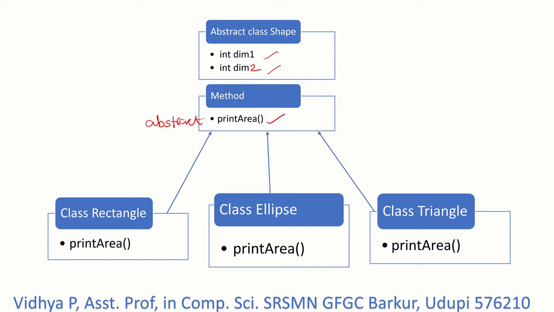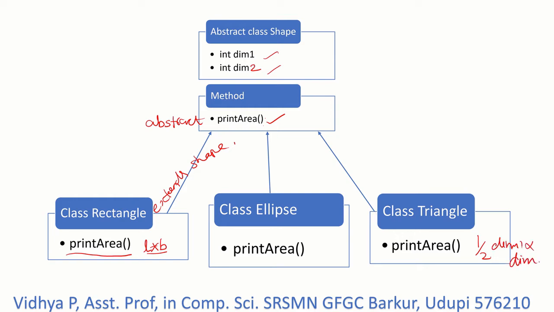And in the subclass, that is class rectangle extends shape, we are going to define the print area by giving the formula of rectangle, that is L into B, or dimension 1 into dimension 2. If it is ellipse, pi into dimension 1 into dimension 2, and for triangle it is half into dimension 1 into dimension 2.